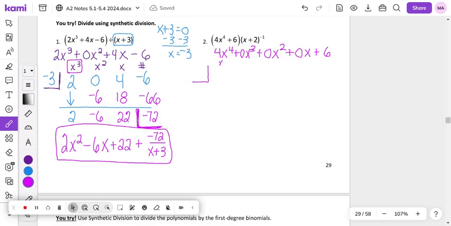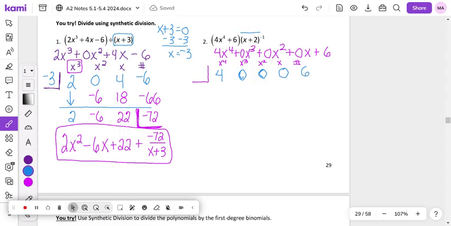So we need an x to the 4th column, we need an x cubed column, we need an x squared column, we need an x column, and we need a column for our constants. Let's take these numbers: 4, 0, 0, 0, plus 6.